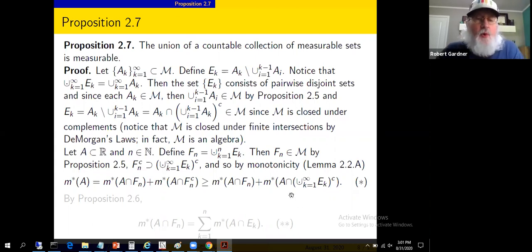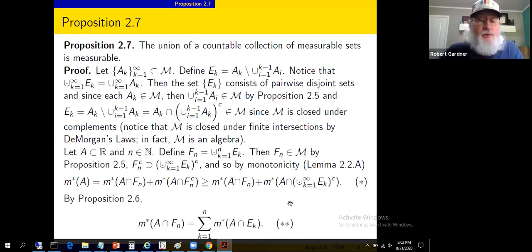But what we're looking for here to show measurability is the outer measure of A equals the outer measure of A intersect the union of those E sub k's plus the outer measure of A intersect the complement of the union of those E sub k's. So we're not there yet. This F sub N needs to become a union of all of the E sub k's, an infinite union.